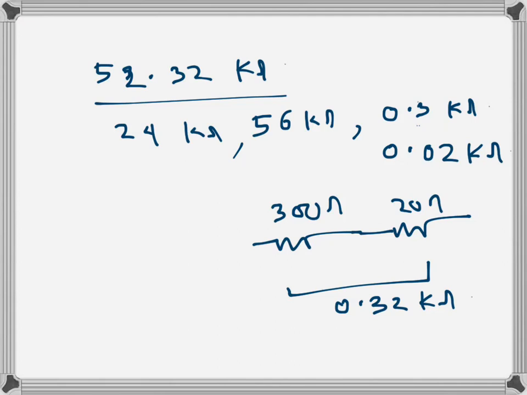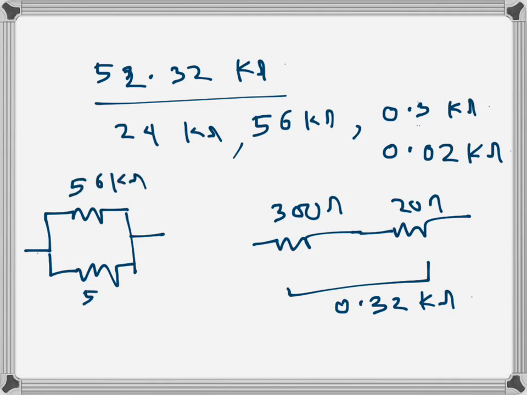Now we need to get 52. In order to get 52, what we can do, if we have 56 kilo ohms in parallel, again like before, we will get 56 kilo ohms, 56 kilo ohms. The parallel combination will be 28 kilo ohms. So 28 kilo ohms and 24, 28 plus 24 is 52.